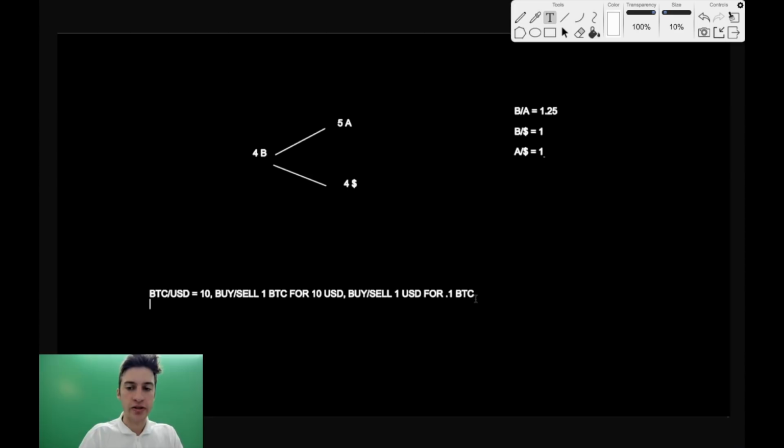Now to relate that to the example up here, bananas and apples is 1.25. What this means is that I can buy or sell 1 banana, so 1 B, for 1.25 apples. But what I'm probably going to want to do here is sell all of my bananas and buy as many apples as possible to try to exploit this.